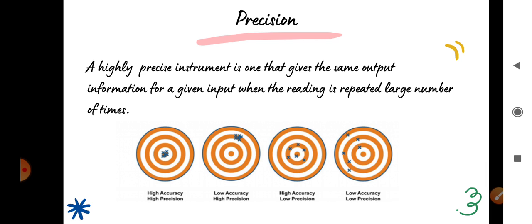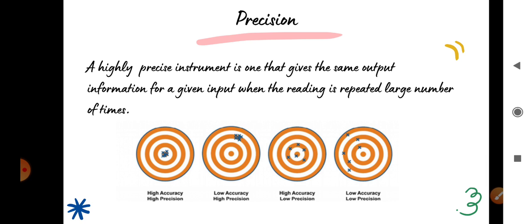So what is the difference between precision and accuracy? These two concepts are very different. From this diagram we can see that there are small cross marks in blue color, and a center point in orange color. Let me give one example.